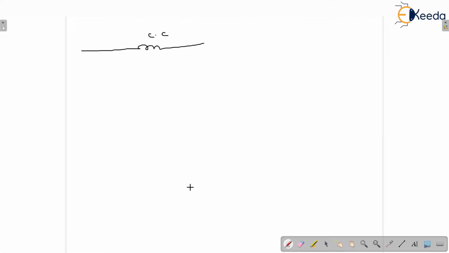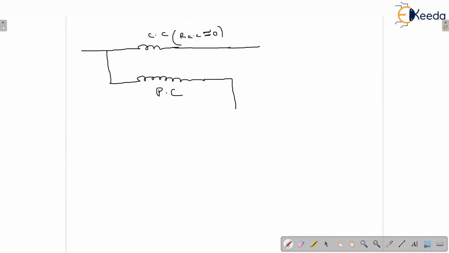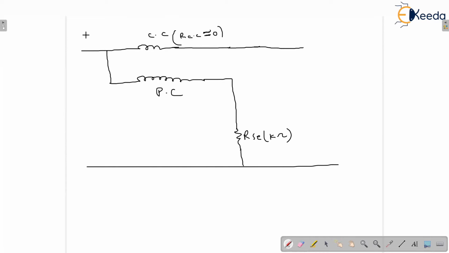Resistance of the current coil is approximately equal to 0. Next, the pressure coil, RSC, is in kilo ohms. The next, this is the MLCV.